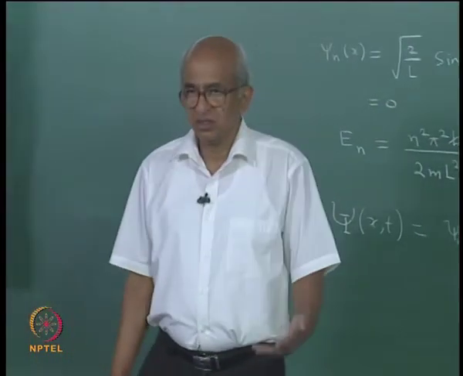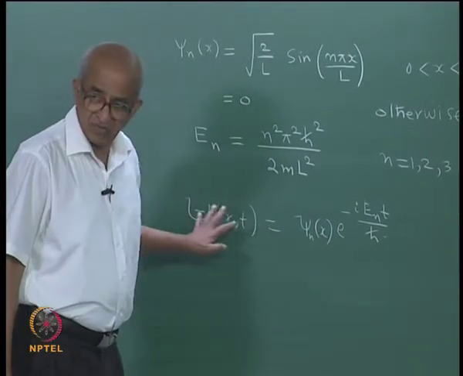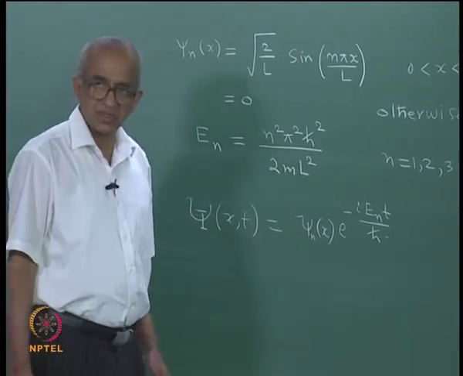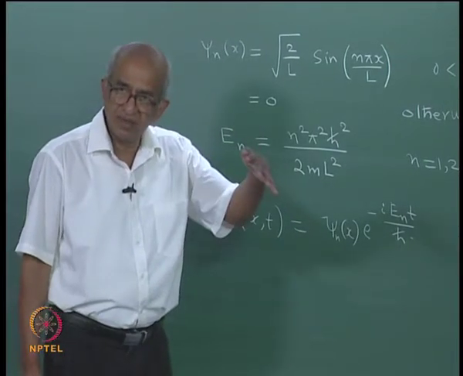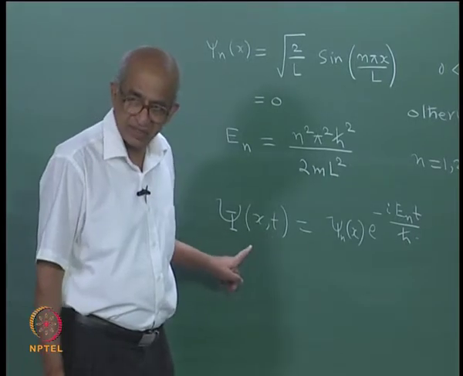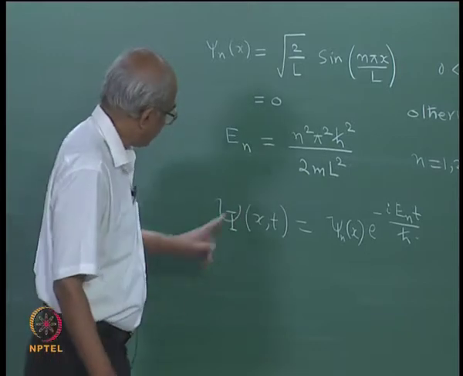That is what it is. Okay. So, this is the time dependent wave function for the stationary state, and it is given by such an expression. Each value of n will give me a different possible stationary state characterized by a different function capital psi.